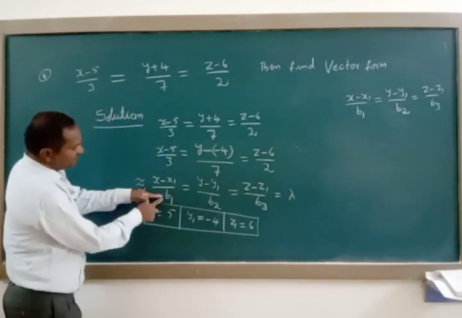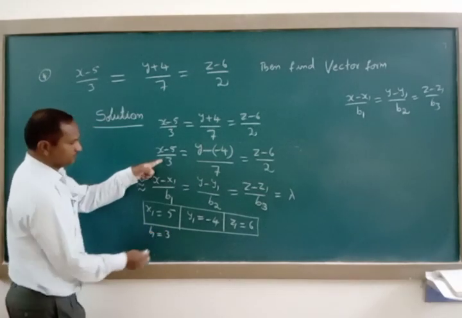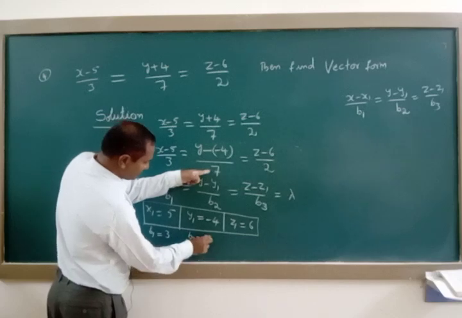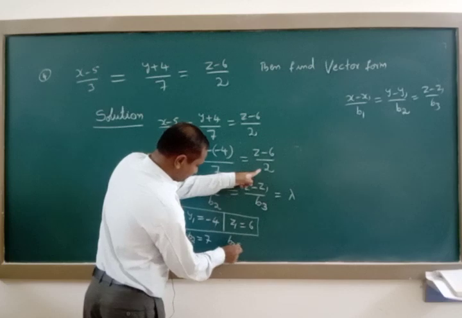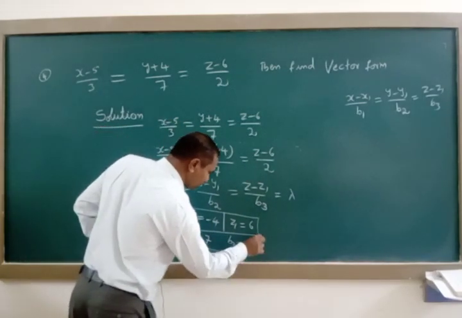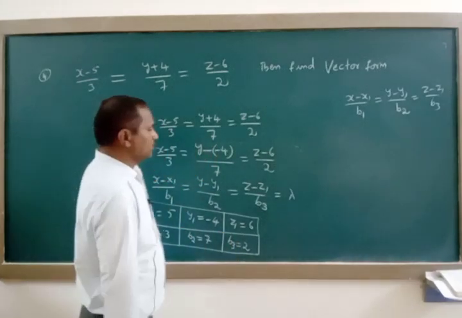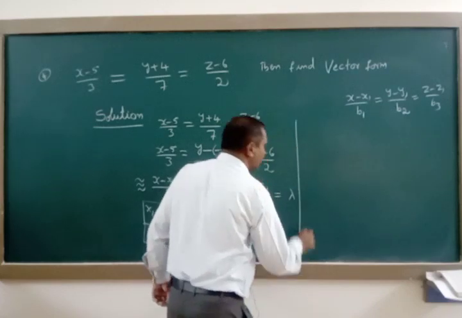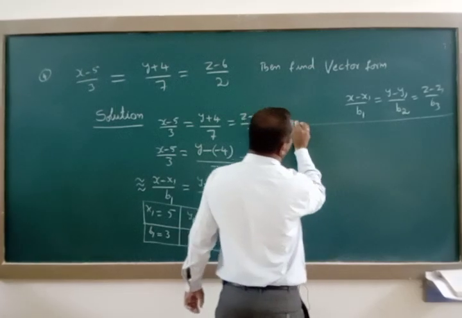Next, in place of b1 we have 3, b1 is equal to 3, b2 is equal to 7, b3 is equal to 2 here. We collected these three also. Now they are asking for the vector form formula here, the vector form.